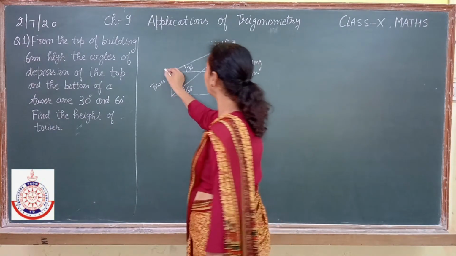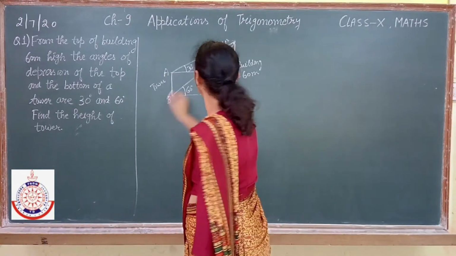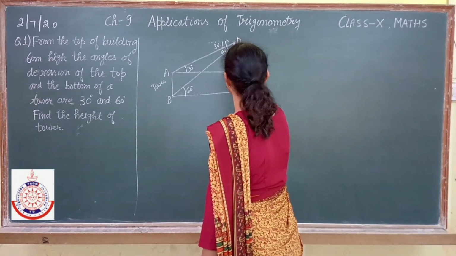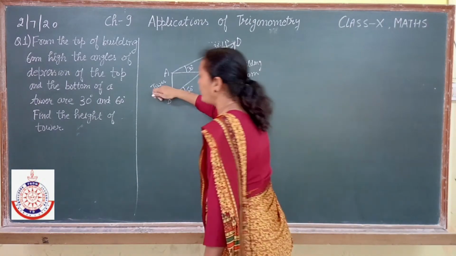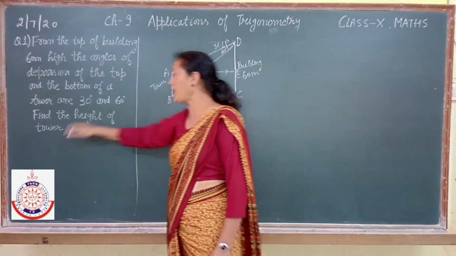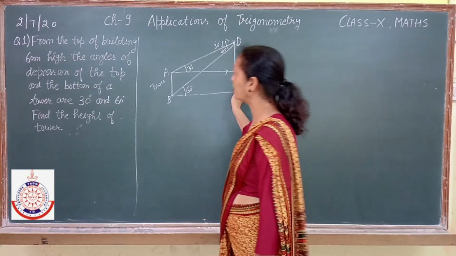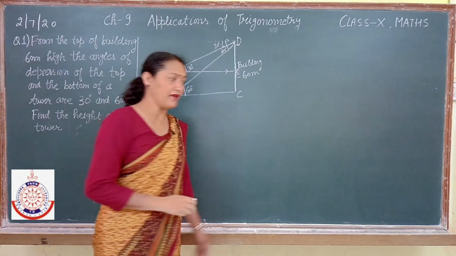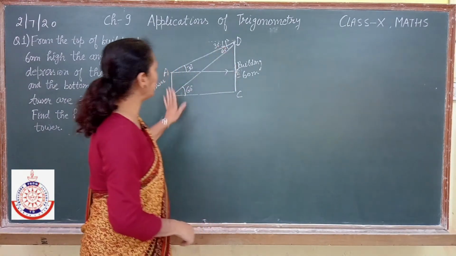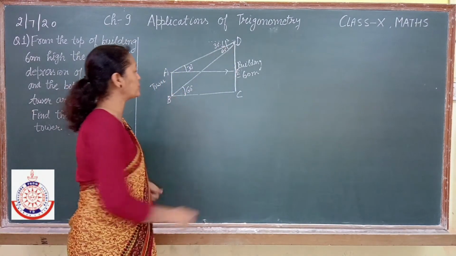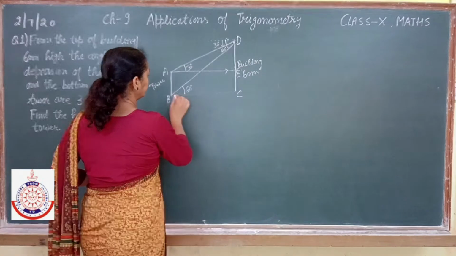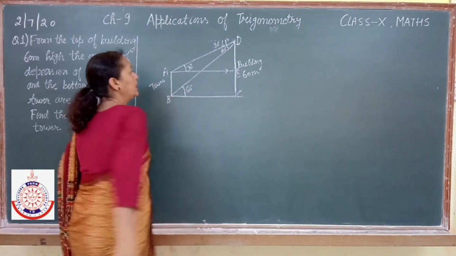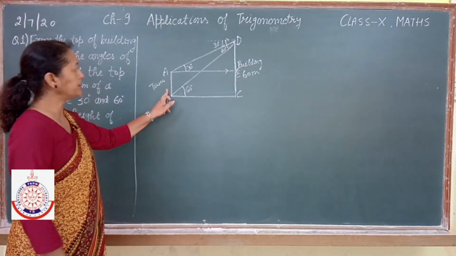Let us take the tower as AB, the building as CD, and this point as E. The height of the building is given to us, the angles of depression are given, and with their help we have calculated our angles of elevation also. We have to calculate the height of the tower.